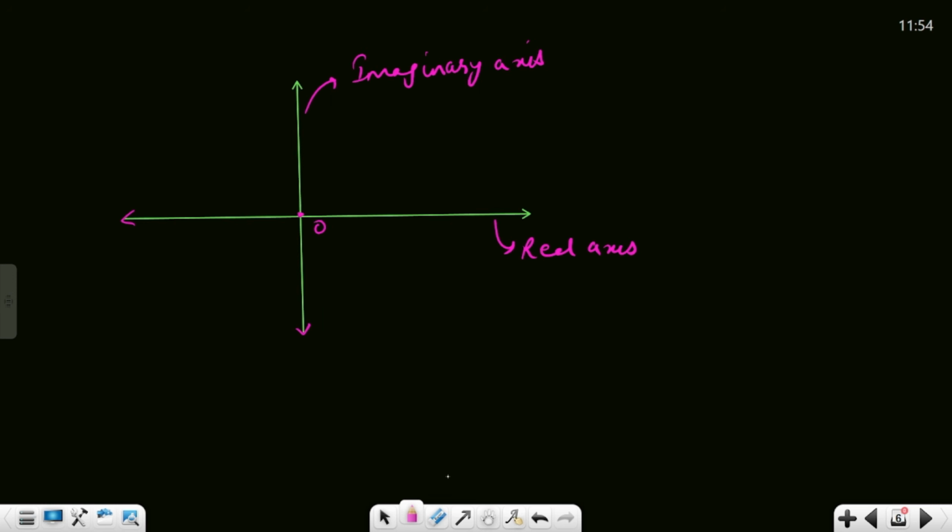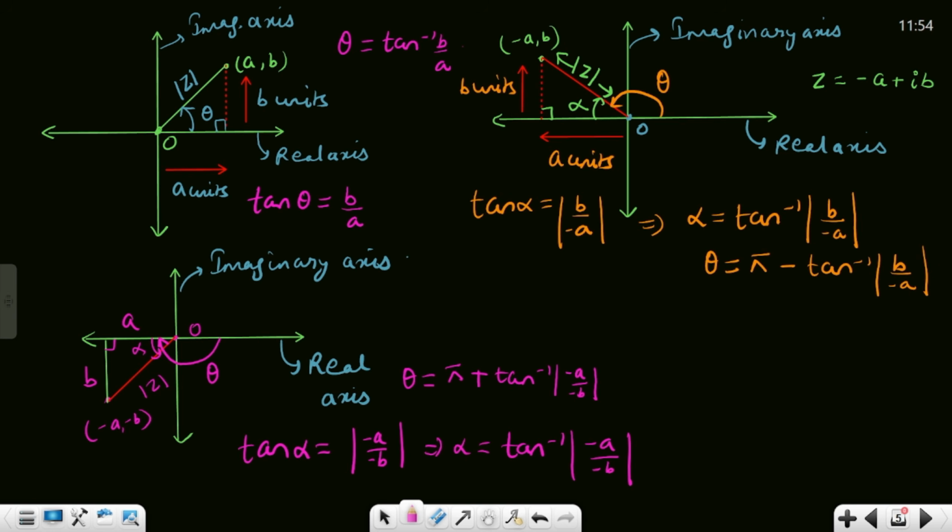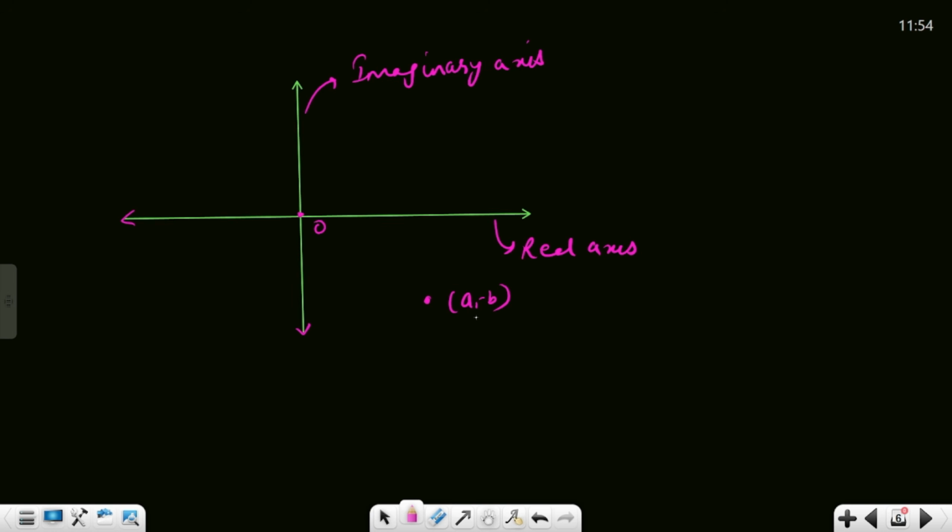See here, the point is lying at a comma minus b. And this is again simple, same thing, modulus.